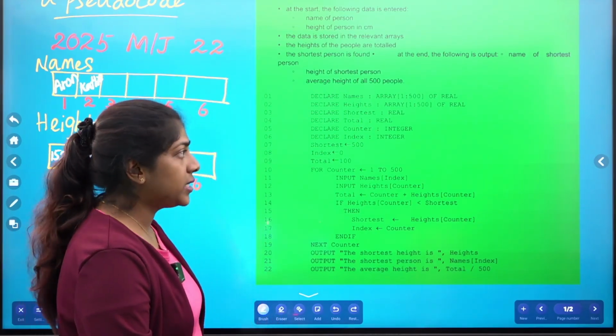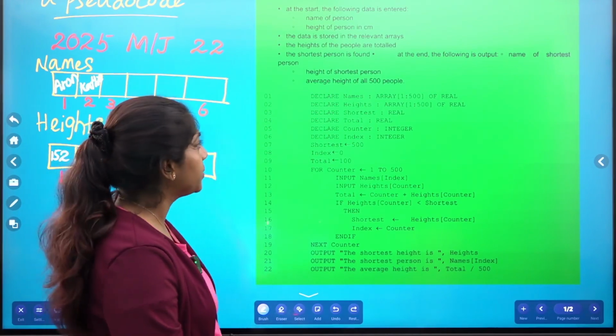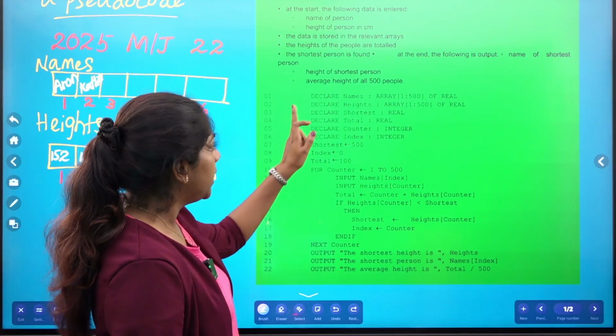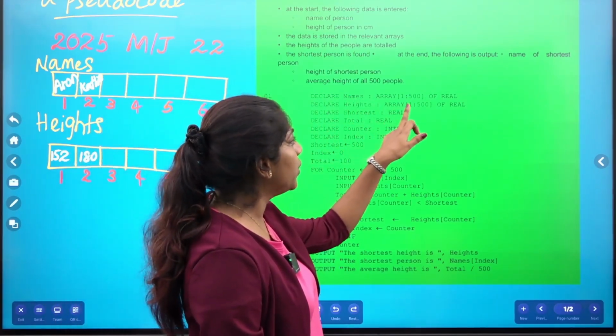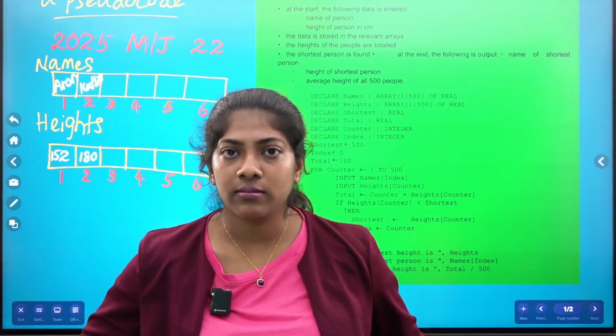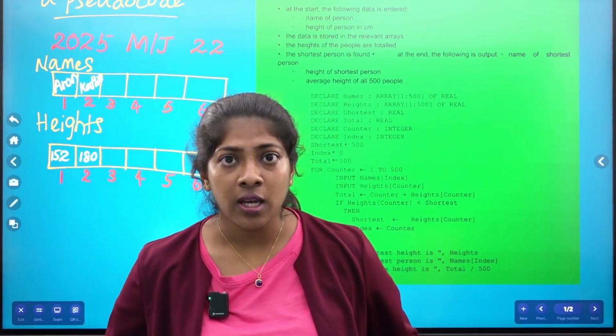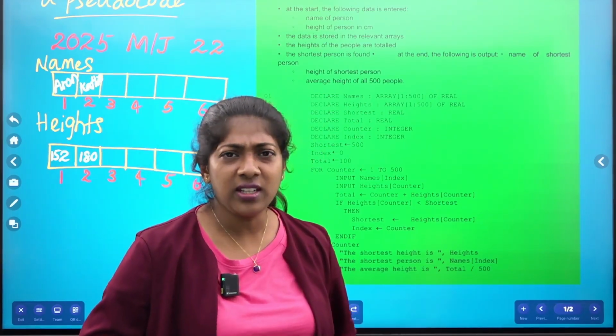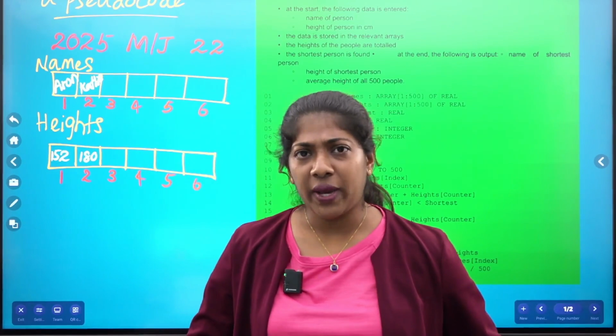Now let's see from the first line itself. You have to find 5 errors. First line, declare names array 1 to 500 of real. Is this one correct? Can we store names in a real data type array?